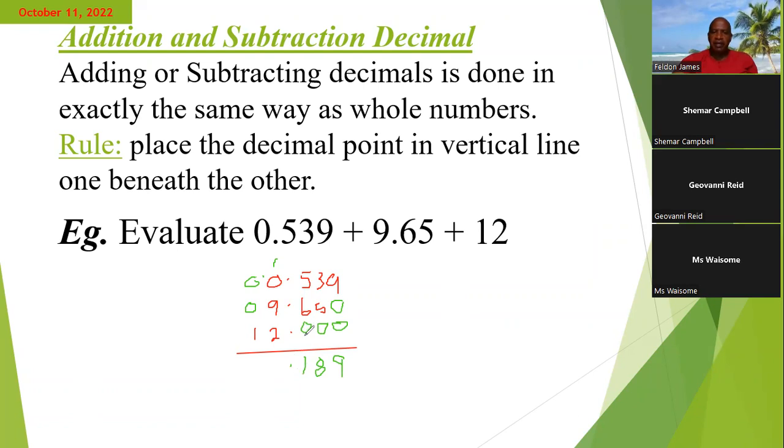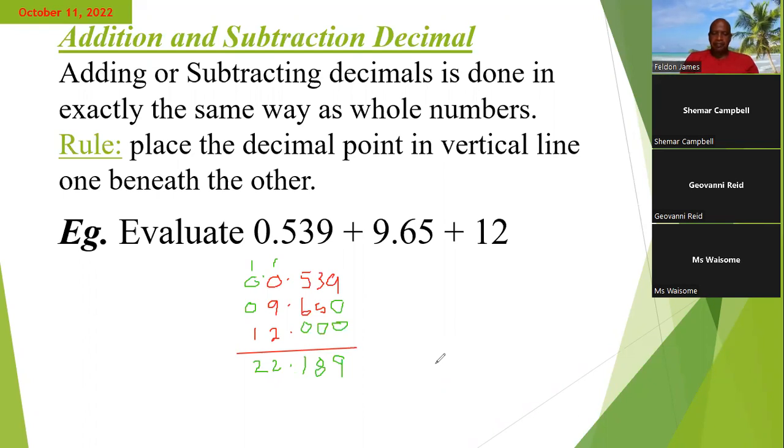So once you're moving from the last digit after the point, then if you're carrying any number at all, you're going to carry it to the ones column. So now we have 1 plus 9 gives you 10 plus 2. We put down 2, carry 1. Over here now we have 1 plus 0 plus 0 plus 1. So our answer would be 2. All right? And that's how it is done, guys. Now, the same rule will apply if you're subtracting. And if you're subtracting, you're generally going to have one number subtracting another.